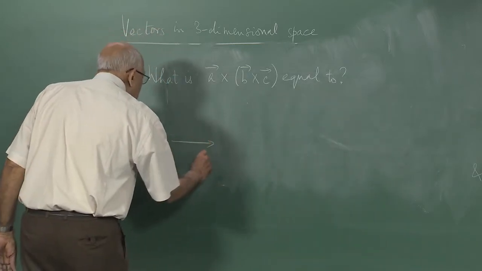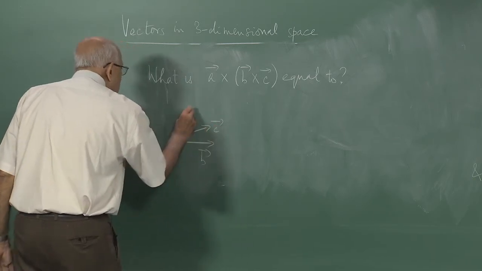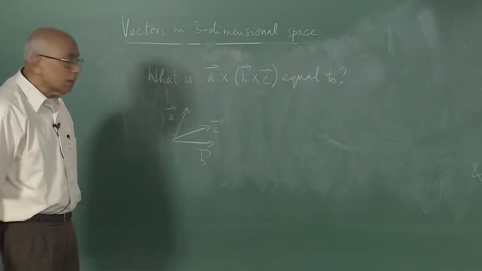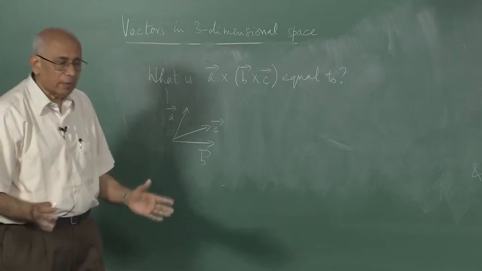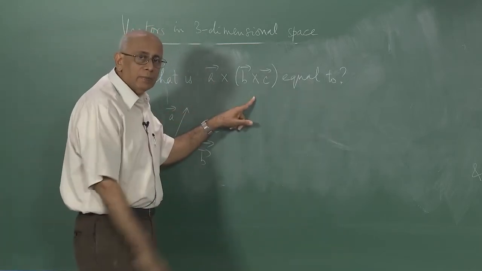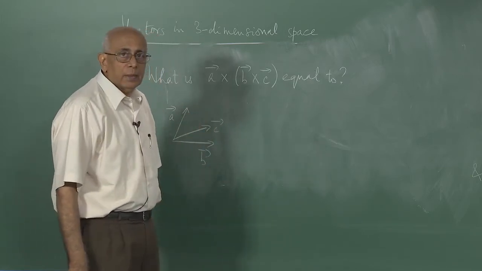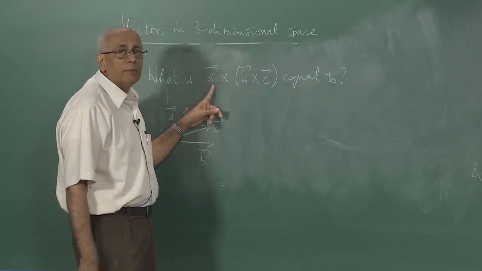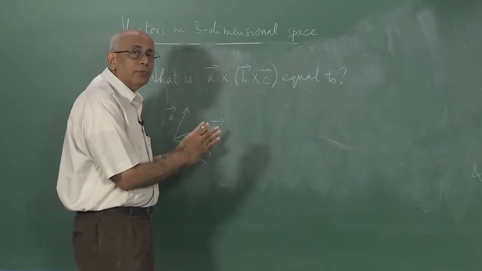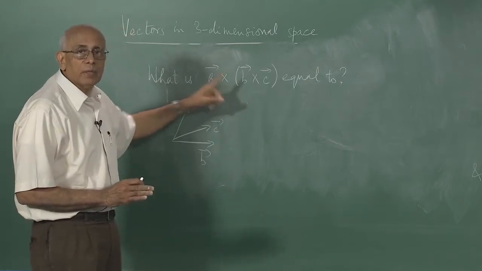Again, I draw a little picture and say suppose this is B, and that going inside is C, and that is some vector A. I would like to know what this quantity is. It is a vector. The answer is a vector. Now what I do know is that A cross any vector is perpendicular to the plane formed by A and that vector. So in particular it is perpendicular to A. Therefore this vector, whatever it is, cannot have a component along A, because it is perpendicular to it because of the cross product.